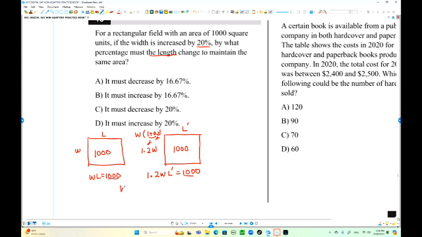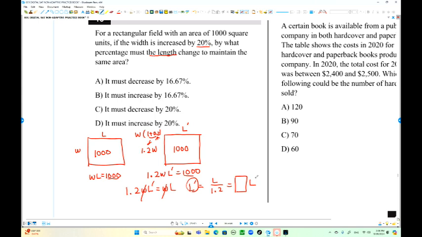So actually, WL, I'm going to write this down first. 1.2 W L prime equals W L. Divided by W, L prime is what? L over 1.2.